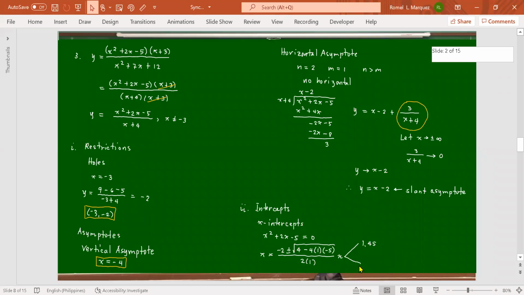Then we have negative 3.45. Okay, so dalawa: 1.45, 0. Yan yung intersection sa x-axis. Negative 3.45, 0. Okay, guys? Kaya i-approximate lang natin yung region. Naintindihan ba, children?